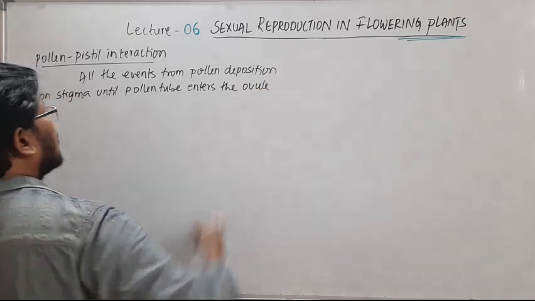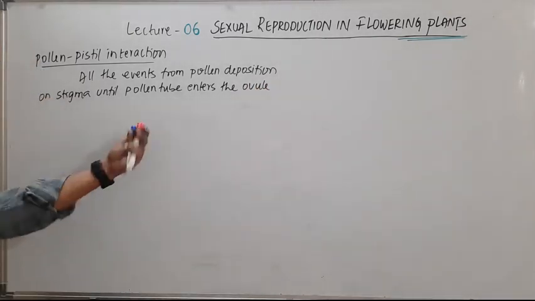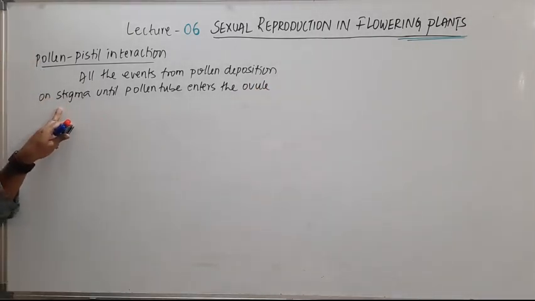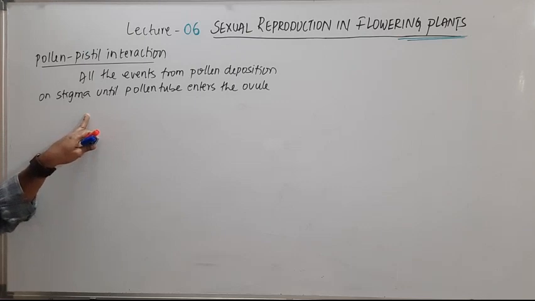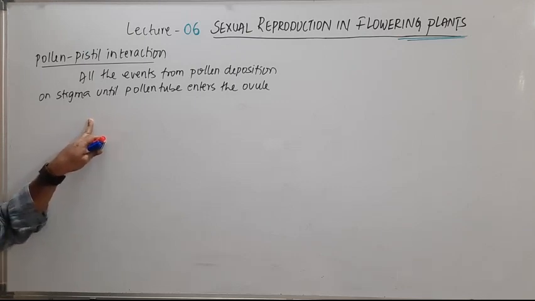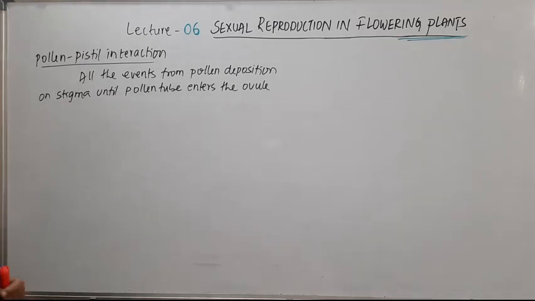So whatever events take place, from the pollen deposition on the stigma and the production of the pollen tube, and growth of that pollen tube through the stigma and the style, and finally entering into the ovary and reaching the ovule, all those events come under pollen pistil interaction. So I can define pollen pistil interaction as all the events from pollen deposition on the stigma until the pollen tube enters the ovule.